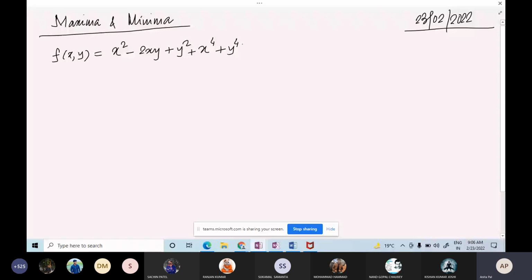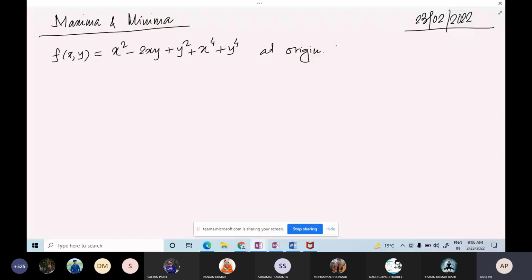Now see, this is the given function. Now we will see the nature of this function at the origin, whether it is maximum at origin or minimum at origin, or the origin is not an extreme point at all, that we will check.